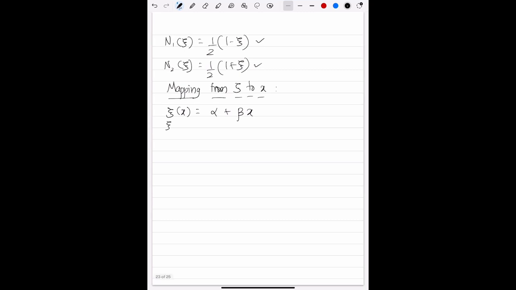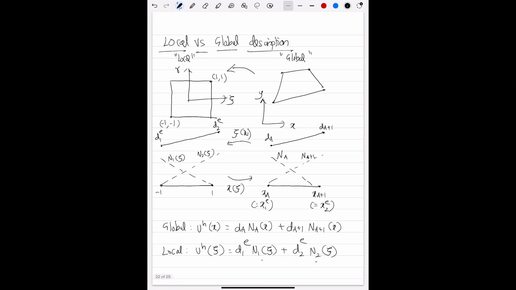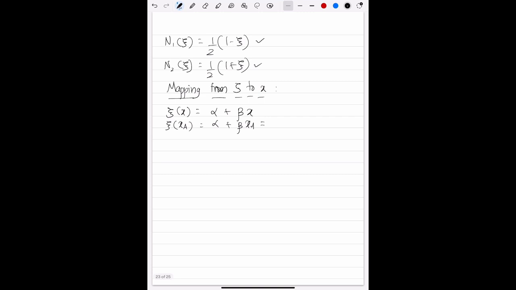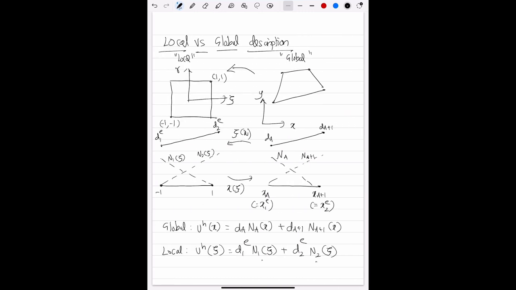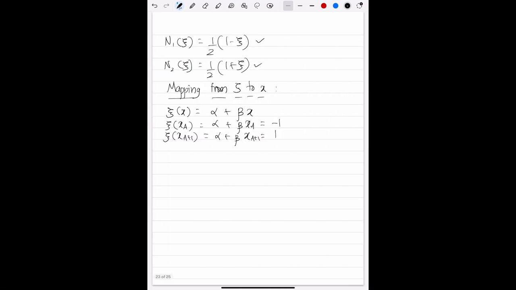Additionally, we know that psi evaluated at x equal to xa, which is alpha plus beta times xa, has to be equal to -1 because xa has been mapped to -1. Similarly, psi evaluated at xa plus 1, which is alpha plus beta multiplied by xa plus 1, has to be equal to +1 because the node xa plus 1 has been mapped to +1.